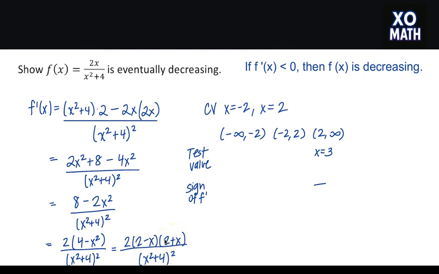So the sign of f prime on this interval is negative. So what that means is that f is decreasing on the x interval from 2 to infinity, or when x values are greater than 2. So we have shown that f of x is eventually decreasing.